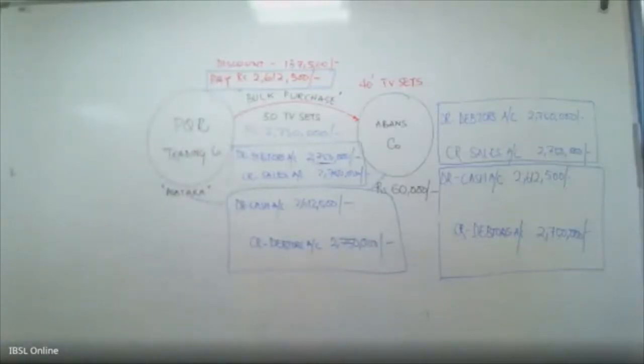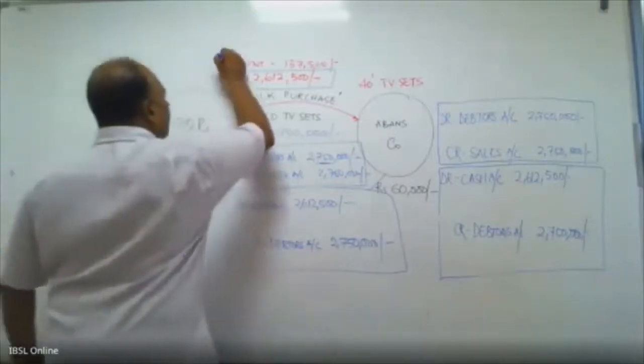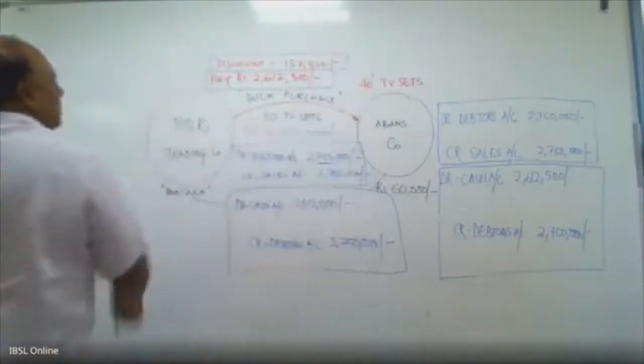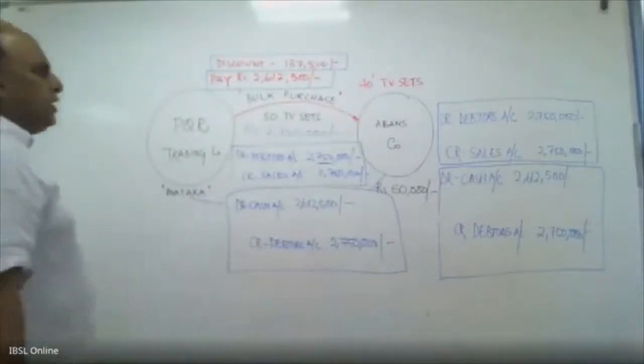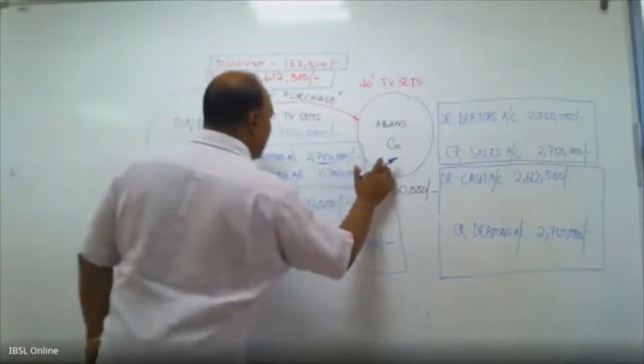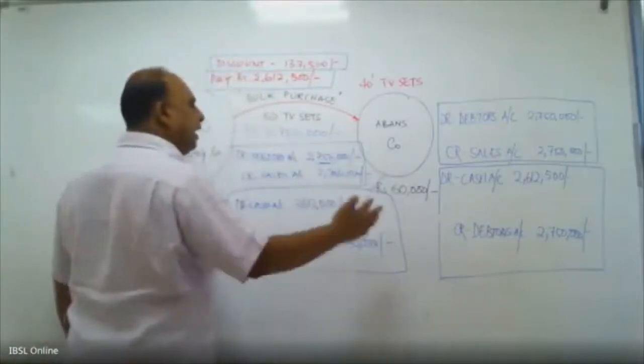Now, what is this difference? That is the discount that Aban's company offered. As far as Aban's company is concerned, this is a discount that they allowed.